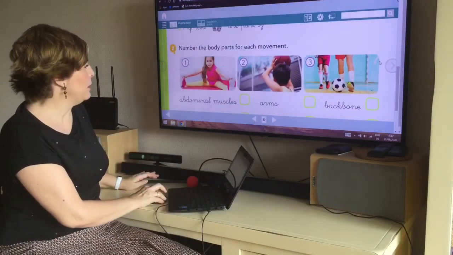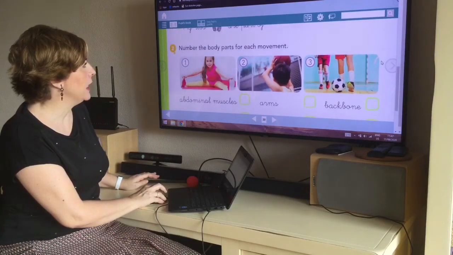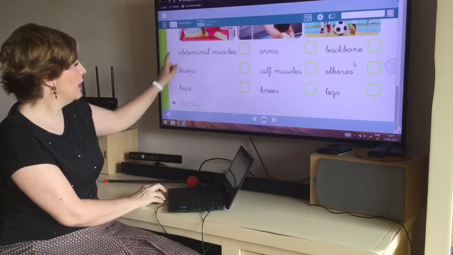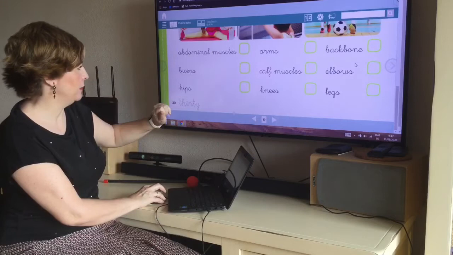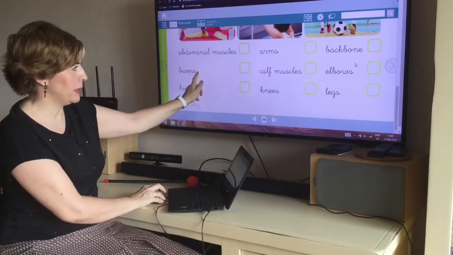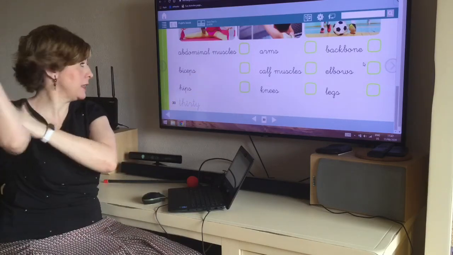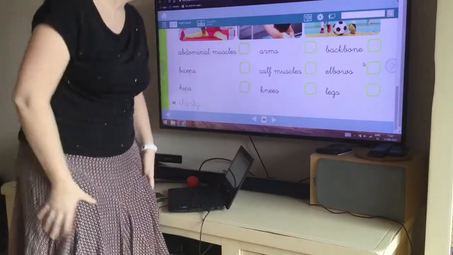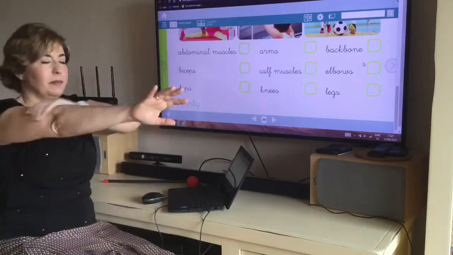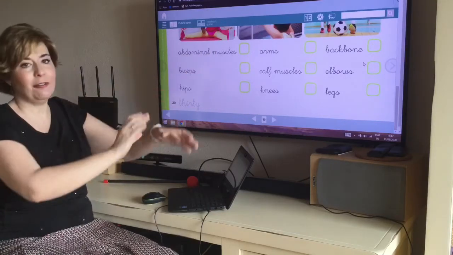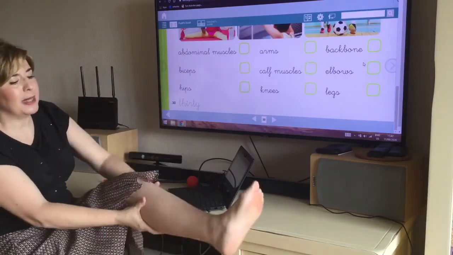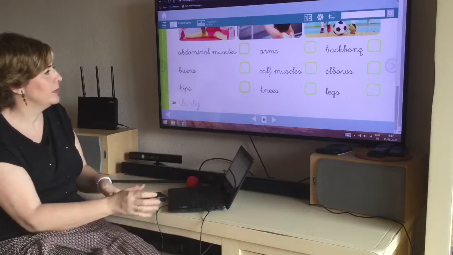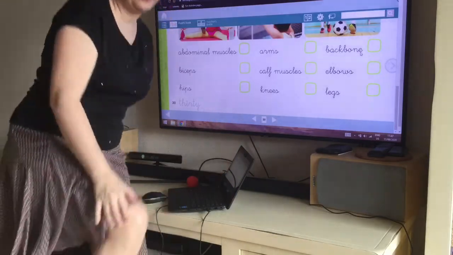Number the body parts for each movement. And you have abdominal muscles, biceps. Remember, this is the bicep. Hips, arms, calf muscles. Where are the calf muscles? Here. Calf muscles. Knees.